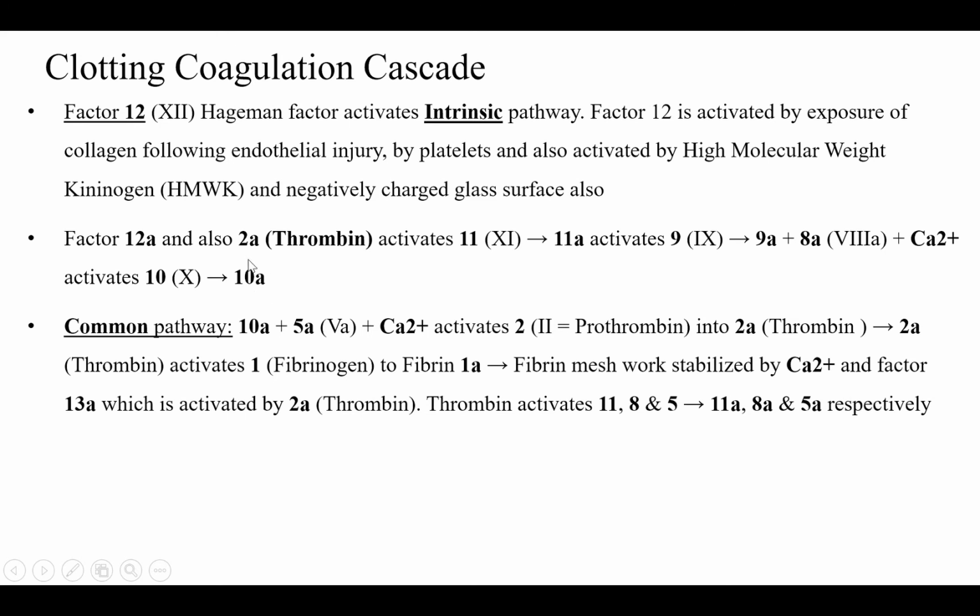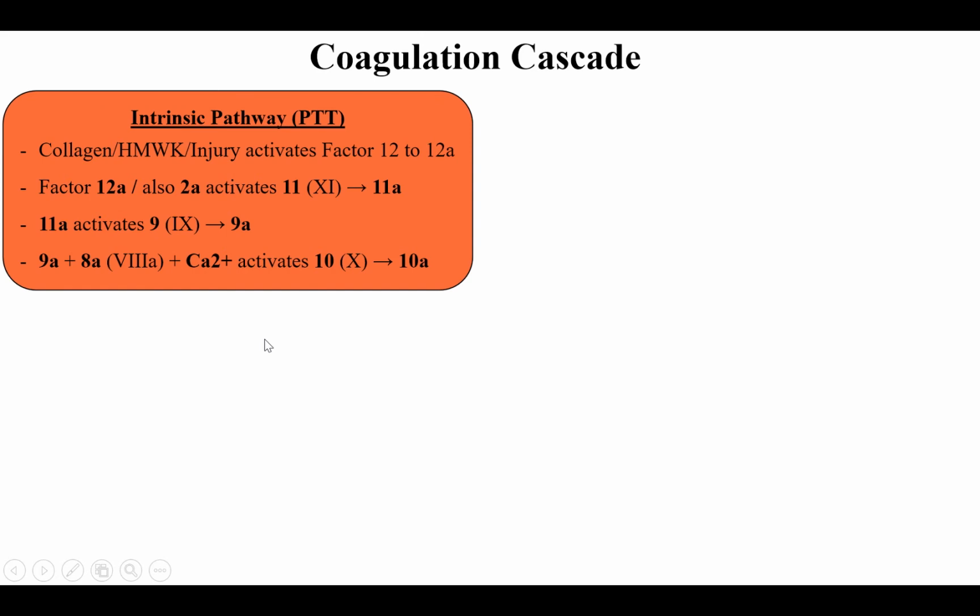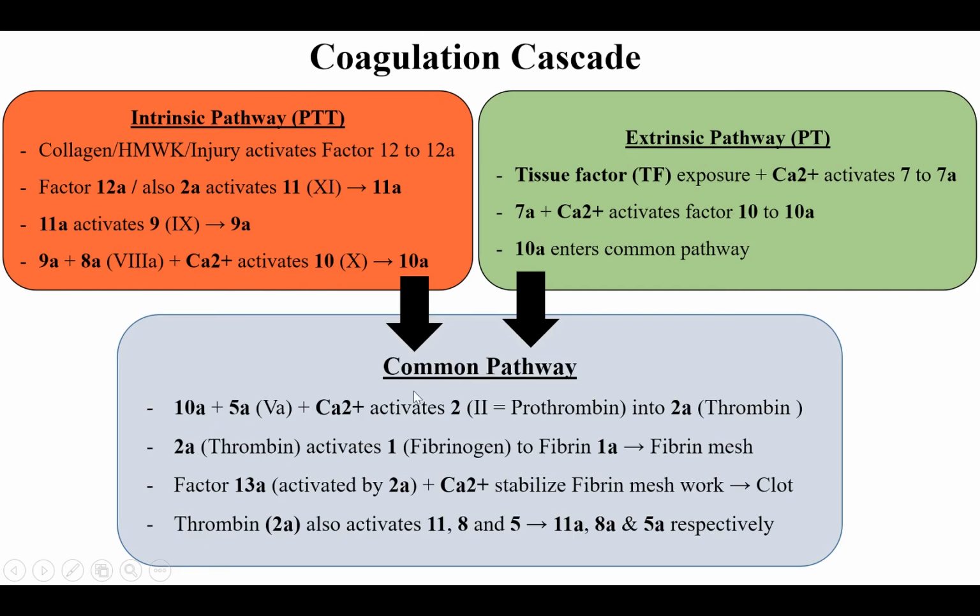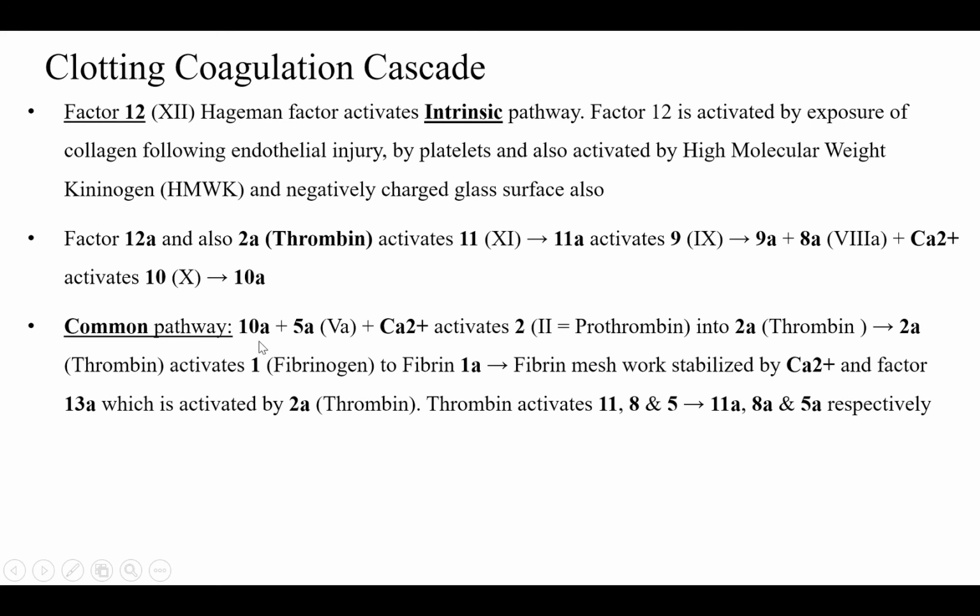factor 10A enters from the intrinsic pathway that was stimulated by factor 12A into, now we're going into the common pathway we talked about here. This is the common pathway. So factor 10A along with factor 5A with calcium activates factor 2, that is prothrombin, into 2A, that is thrombin.